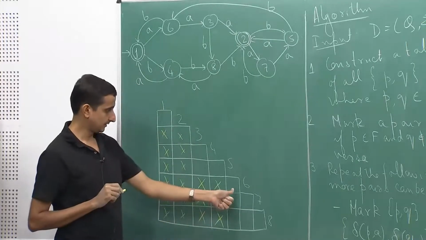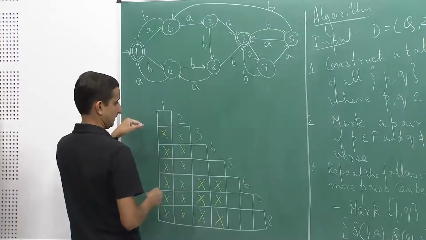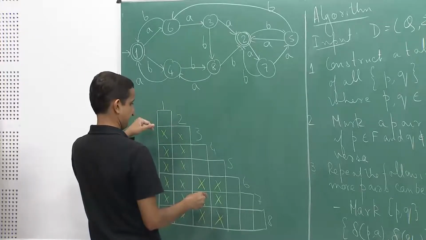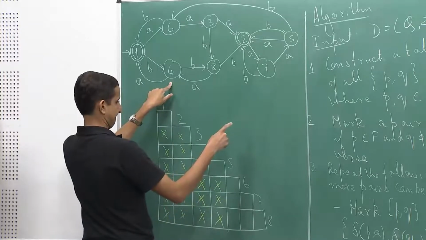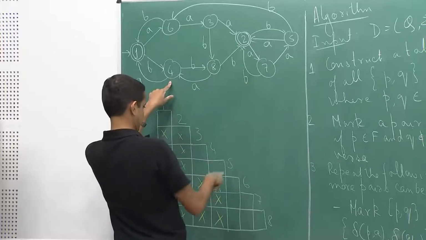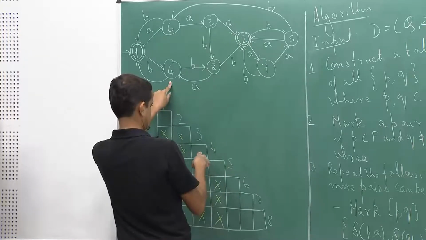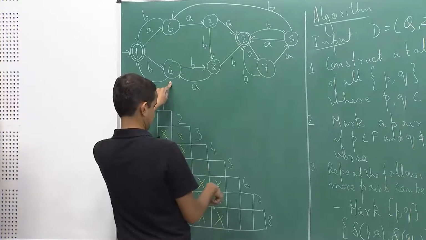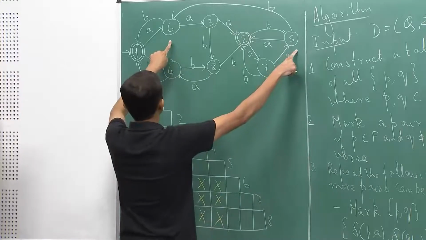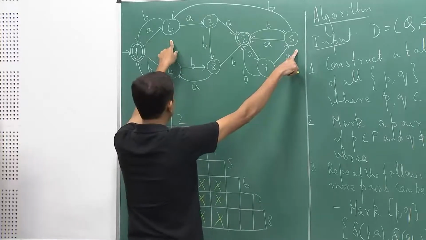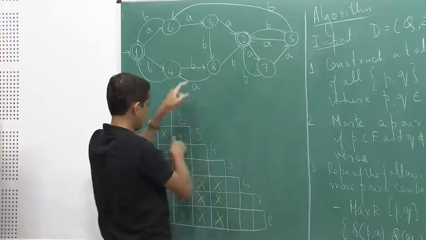Now, let us look at (5, 6). From (5, 6) on a, we go to (3, 2), which is marked.